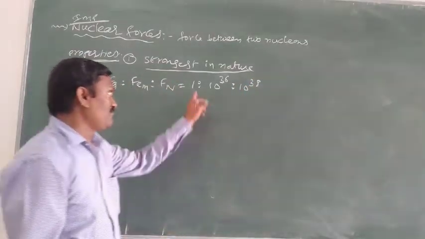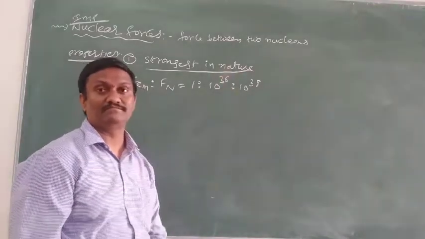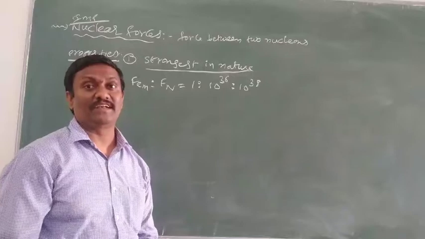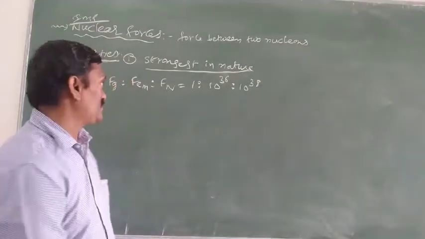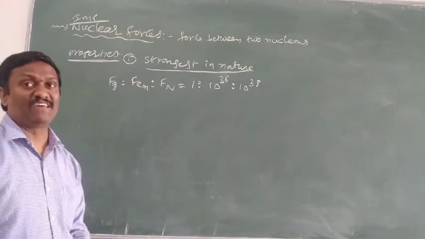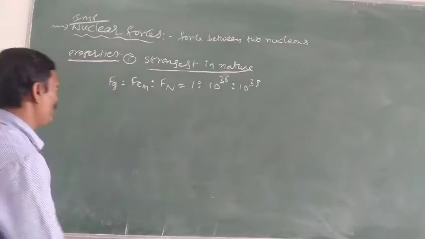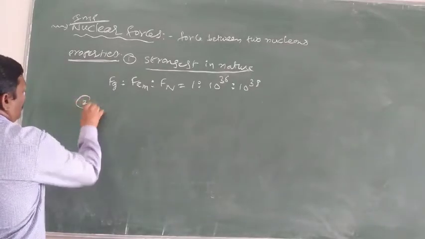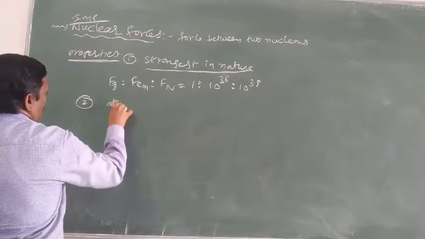Compared with gravitational force, nuclear force is 10^38 times more. It is not 38 times, it is 10^38 times more. So the first important property is that nuclear force is always strongest in nature. The second important property is that nuclear forces are attractive forces.